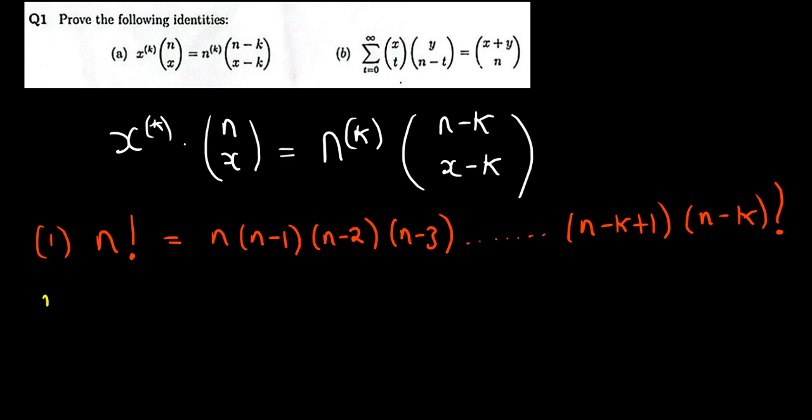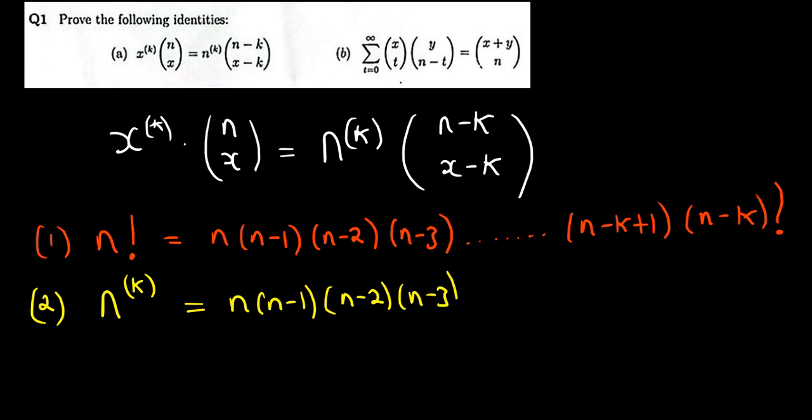The second one is the definition of what we call a falling factorial. If I have n raised to the power k in brackets, we call that a falling factorial, and we read this as n k falling. n k falling is the same as n multiplied by n minus 1, multiplied by n minus 2, multiplied by n minus 3, all the way up to the term n minus k plus 1.